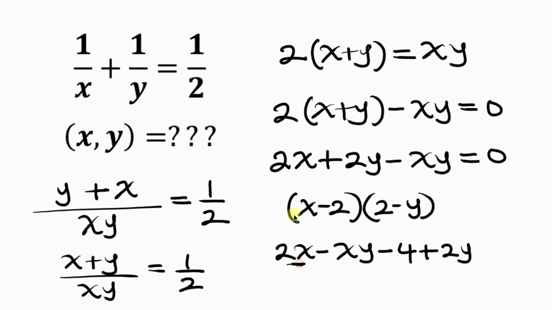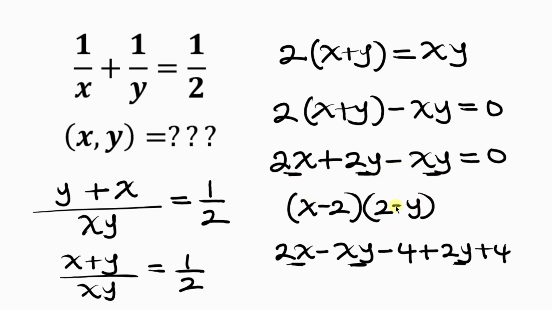Notice we have 2x here, we have 2y here, then we have negative xy here. The only thing we don't have is negative 4. So that means when I add 4 to this expression, it will cancel out this negative 4, right? Good. Making the expression here the same as what I have here.